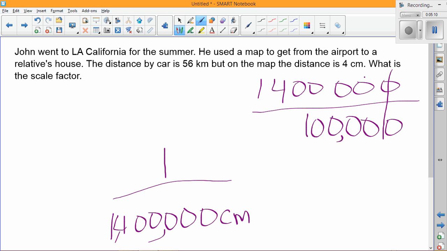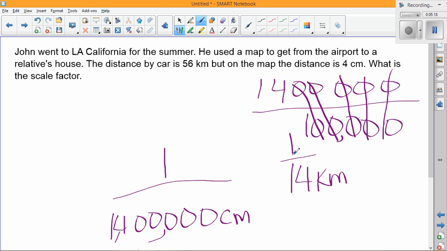And we can simply cross out the zeros. We end up with 14 divided by 1, so it would be 14 kilometers. So it would be 1 over 14 as my scale factor. And that was a tough one. There's a lot of conversion factors with the scale factors, which complicates the problem.